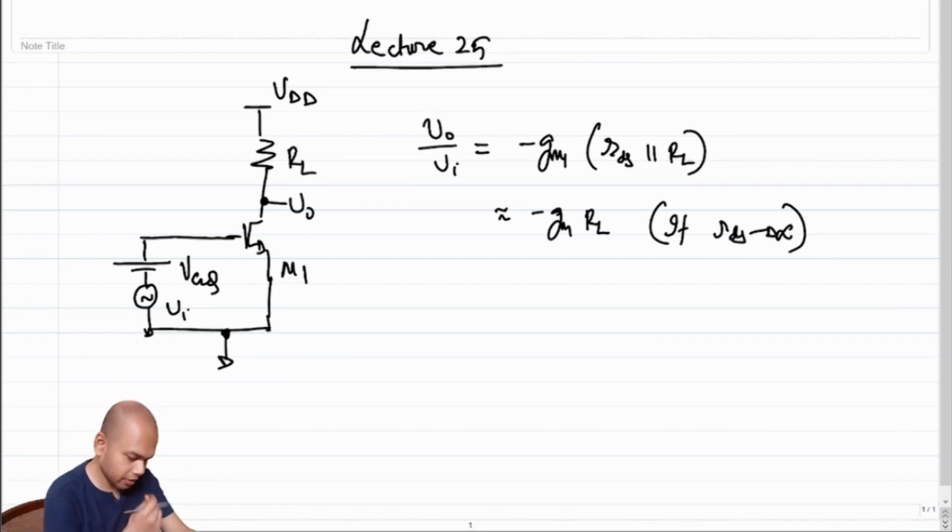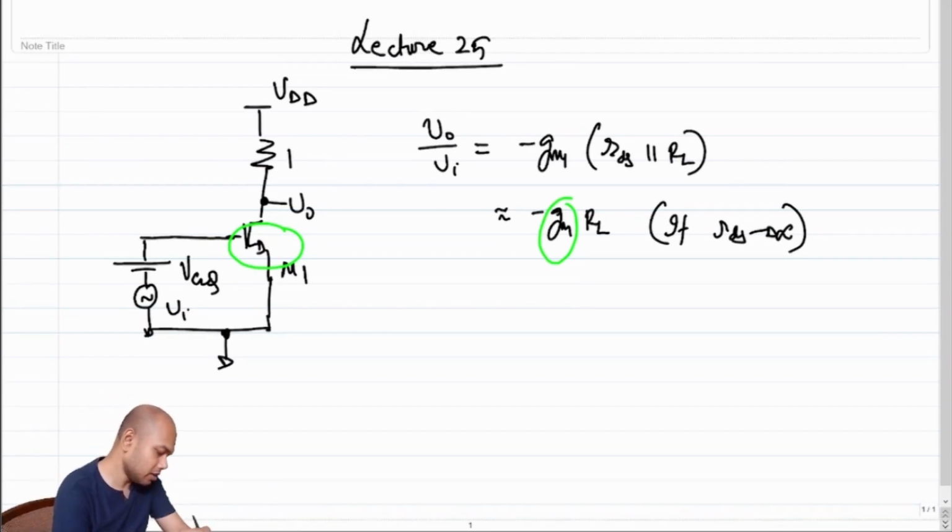So now, if we stare at this equation, what is it telling us? It is essentially telling us that the gain is proportional to two things. One is the transconductance of M1, and the other is the load resistance RL. Or let me call this the drain resistance RD, because by definition the load resistance is not a variable.